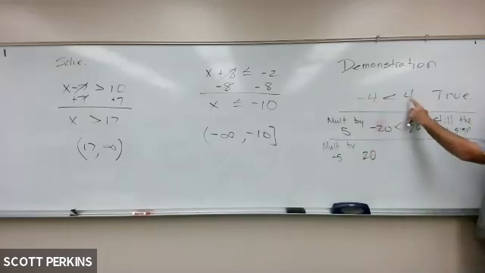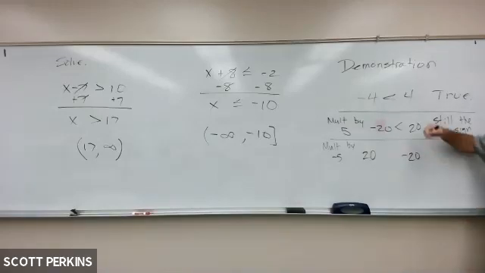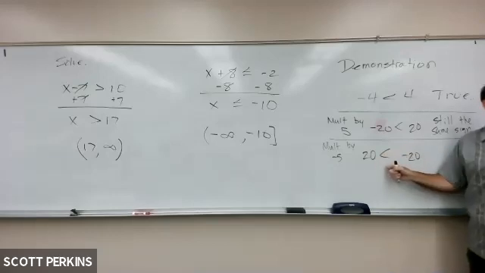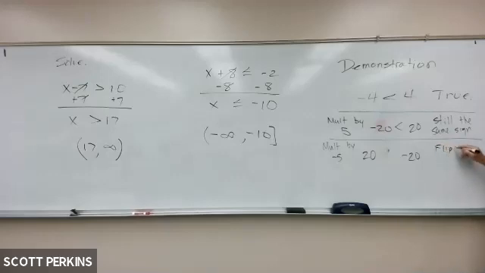On the other side, what's 4 times -5? -20. So here's the $100 question. Does the same sign still fit? If I put a less than sign, is that a true statement? Is 20 less than -20? No. So what do I have to do here to make a true statement? I've got to flip the sign.